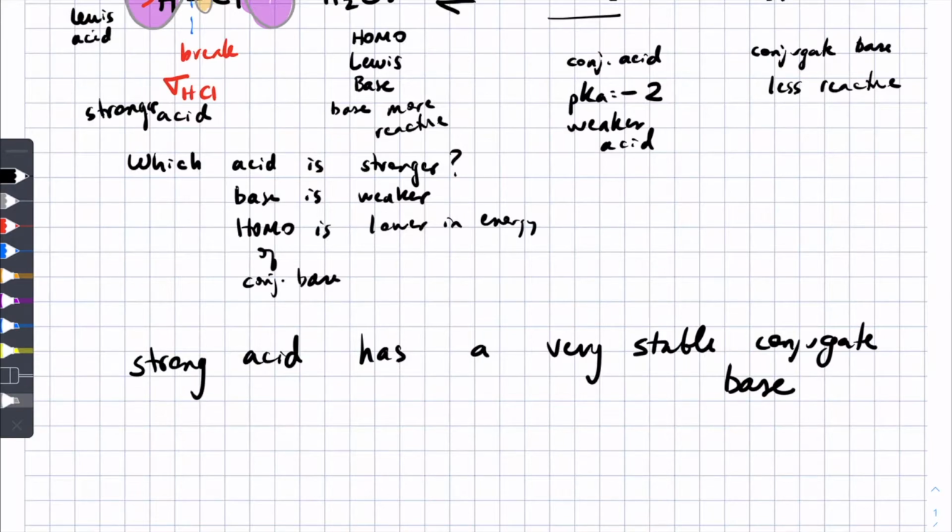We're going to rationalize how acidic something is by considering how stable its conjugate base is once the proton has been removed. How well does that conjugate base tolerate fully owning those electrons that it used to be sharing? So maybe you can rationalize that here.